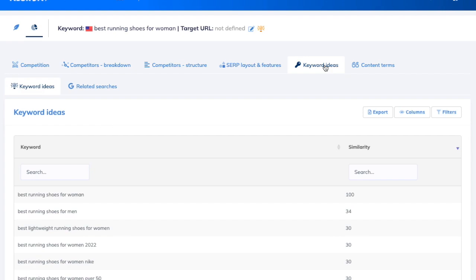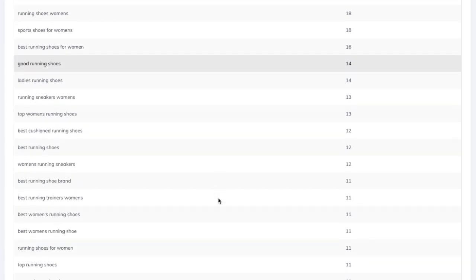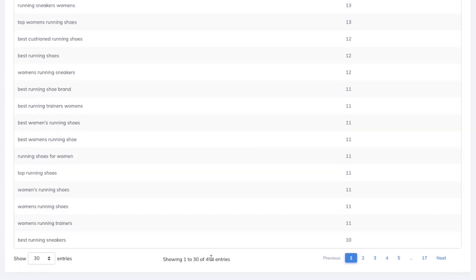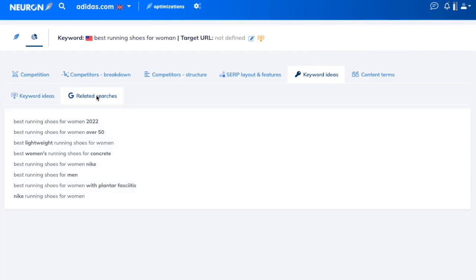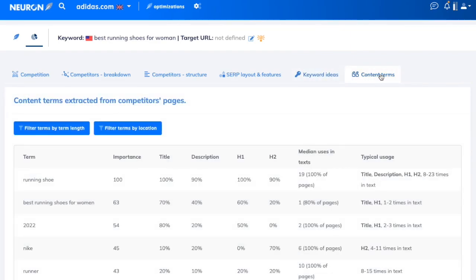And then you have keyword ideas, all the keywords that we were looking for. As you see, almost 500 keywords that we extract from the competitor content, also the related searches from Google, and information on why we think that specific content terms are important.